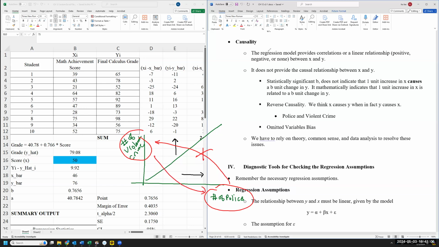As the number of violent crimes increases, that causes the city to hire more police. This is a classic example of reverse causality, when we think X causes Y, when in fact Y causes X. We need to be careful of that. Another issue that can creep up is the omitted variable bias. That's something we talked about before, so I'm not going to go through it again. Okay. All right, let's move on.